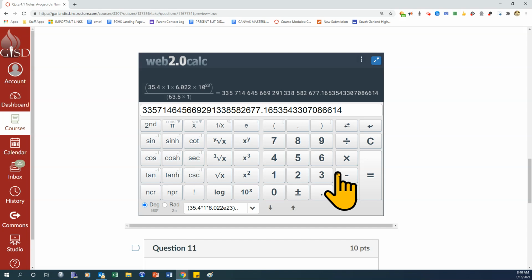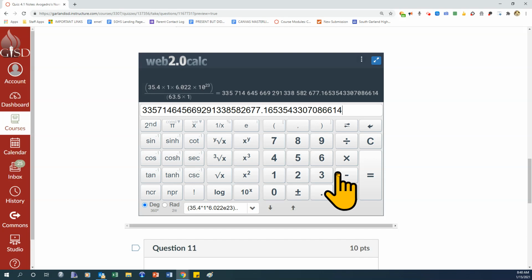All right. So the answer for this one is 3.36. We're going to round it off to 3.36 times 10 to the 23rd power. If you move that decimal place to the left, such that there's only one number before it, and then round off to the correct number, it's going to be 3.4.